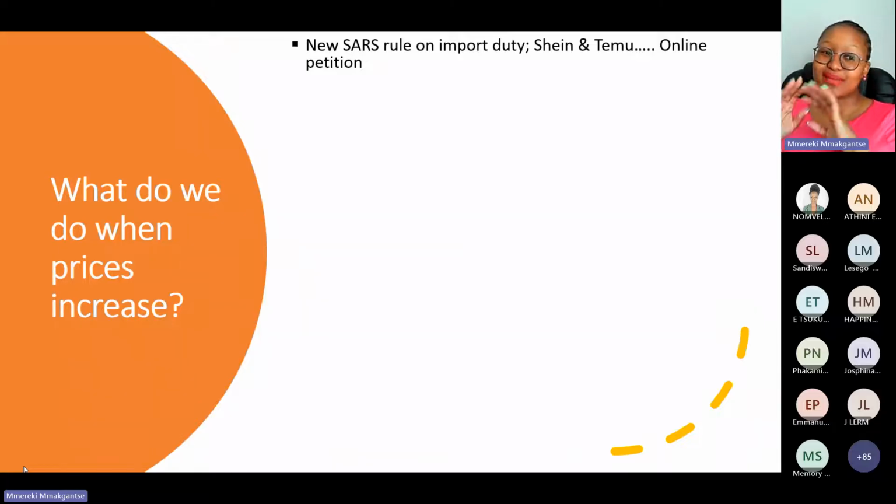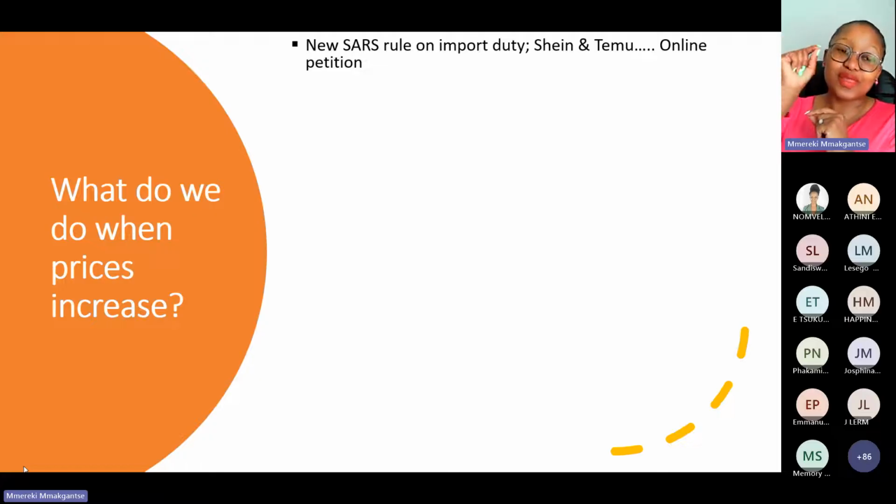Where are my girls and boys, who are the Mr. Sheen and Mr. Temus in the house? Are you guys here? Remember, a lot of us were buying our products, we were importing them. And then SARS was like, hello, I will introduce import duty. What import duty did was increase the price.